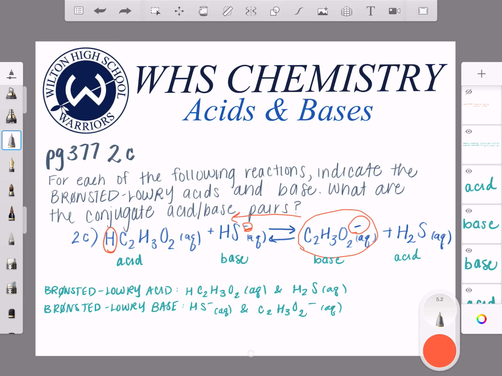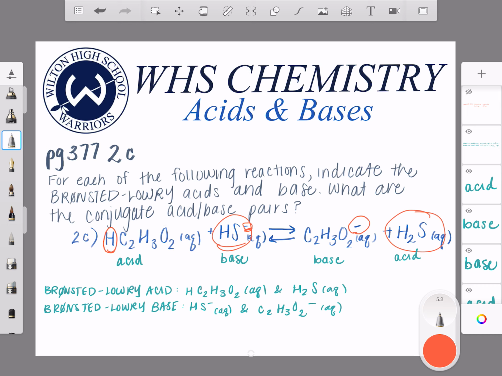And then the other pair would be the HS minus, so this base, and then its conjugate acid would be H2S if we go to the right, because it's after the base accepts the proton. And then it can also go the other way around, if we start with the acid and then we look on the other side at what happens after the acid donates its proton, we see it here, so that would be its conjugate base.